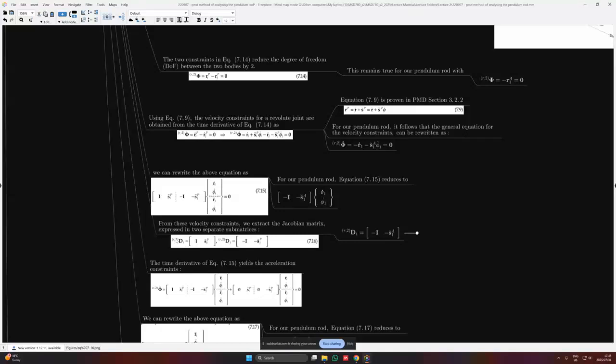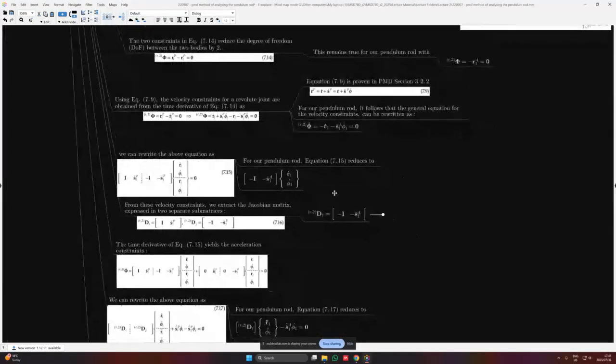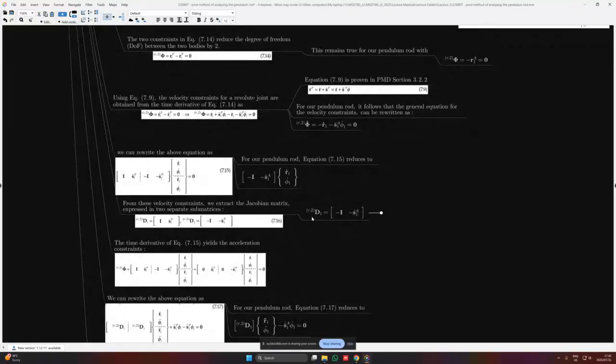We're still working with a revolute joint imposing two constraints, but DI is applicable to body I, and DJ is applicable to body J. In our case, since we're just working with the pendulum rod, a single body mechanism, we can write D1, which is simply equal to minus I, and minus S1A rotated.